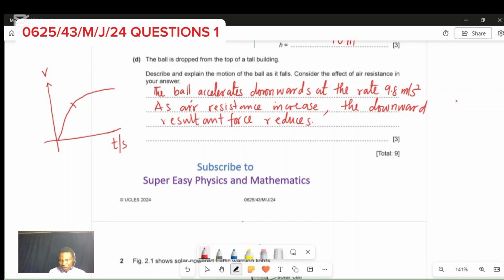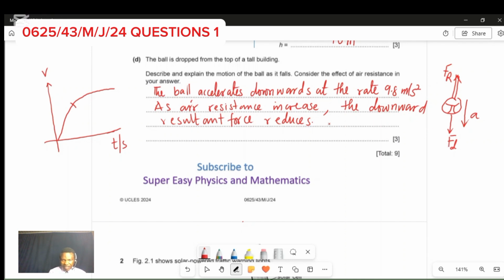So this is the ball. As the ball is dropping, this is the force that is acting downward, and then you have air resistance that is going upward. So you have F down and F upward. As the ball is falling down, the resultant downward force will be reducing.